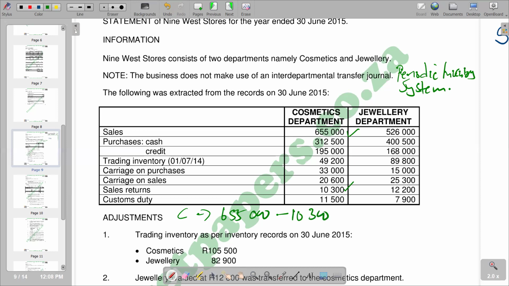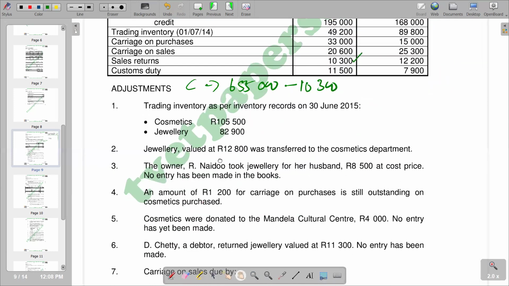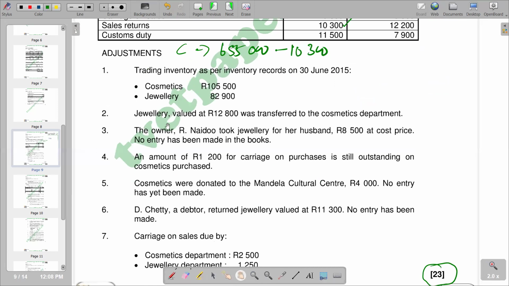And then we look for other adjustments that we have beneath, to see if we have any additional returns or any additional sales, so you can go through and try to find any adjustment that is affecting our sales.